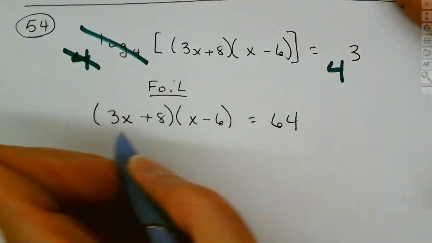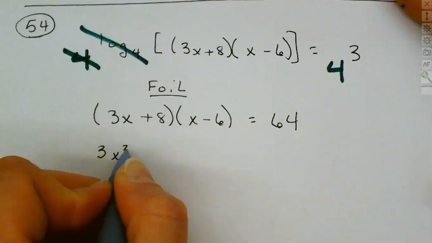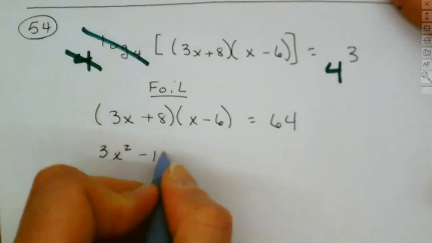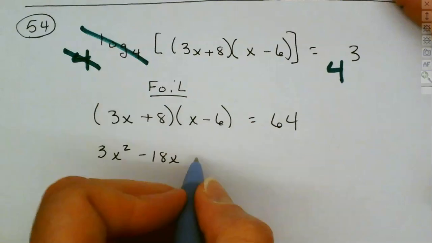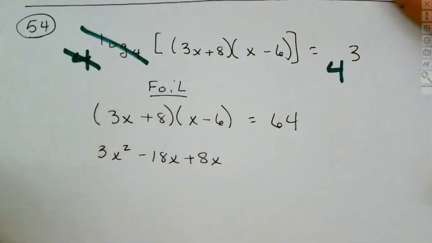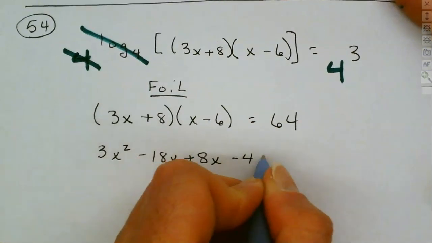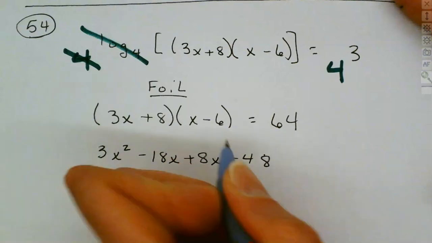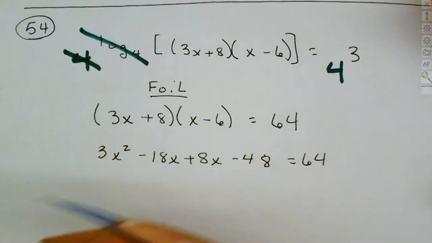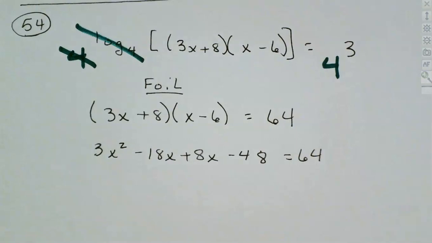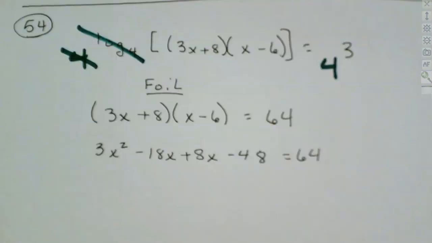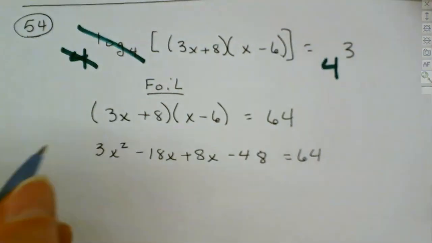Okay, so FOILing it out, we get 3x squared. We get a minus 18x. We get a positive 8x. And we get a minus 48 equals 64. Now we're going to combine like terms and we're going to have to factor eventually. This one is going to make us factor by grouping.